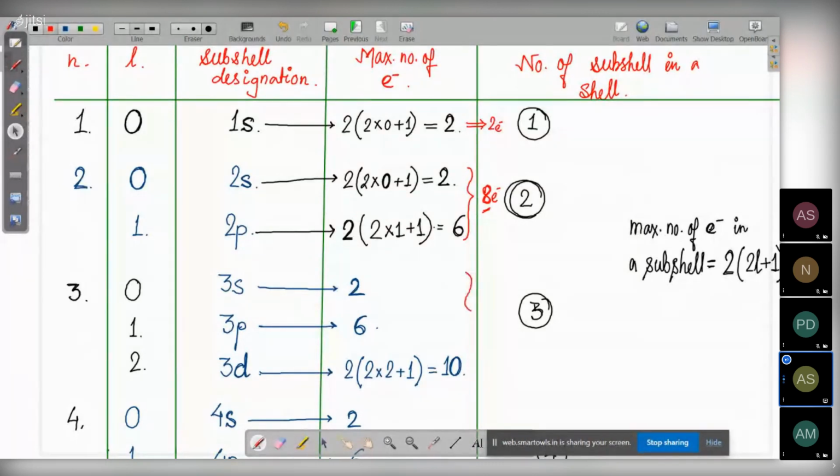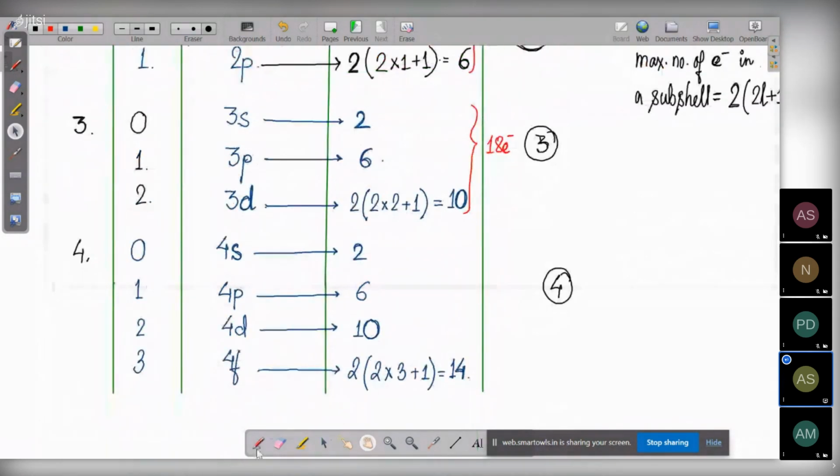For the third shell, how many electrons maximum can be present? 2 plus 6 plus 10, that is equal to at max 18 electrons. For the fourth shell, how many electrons can be present maximum? That is 2 plus 6 plus 10 plus 14, that is equal to at max the fourth shell can have 32 electrons.